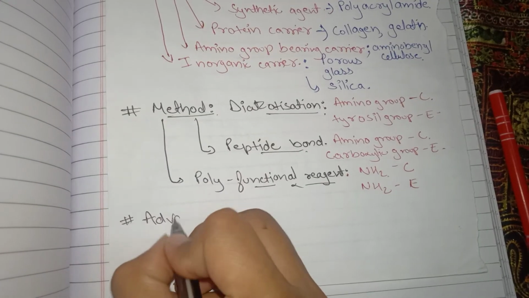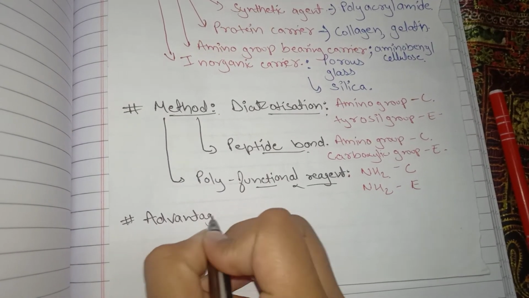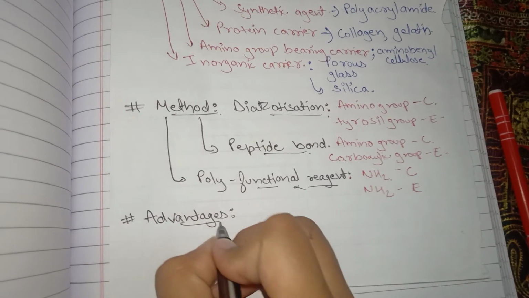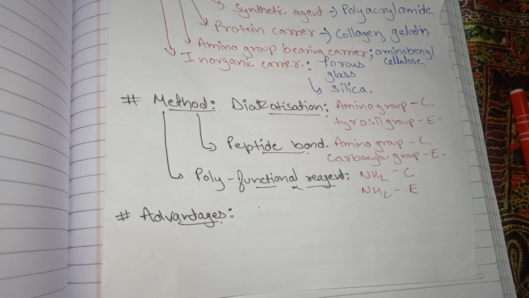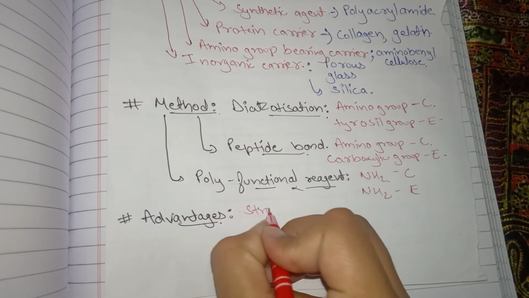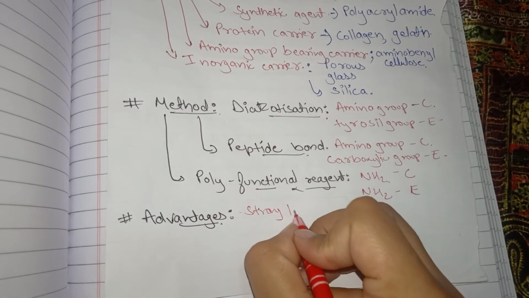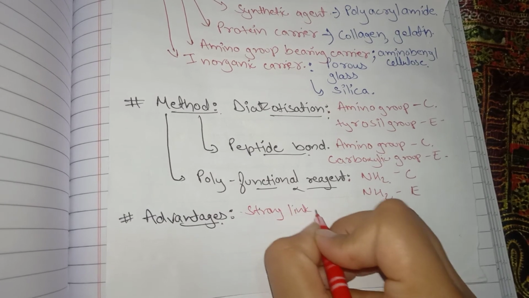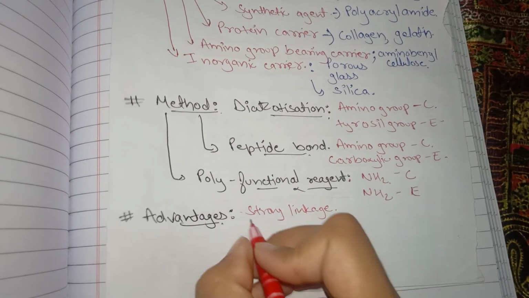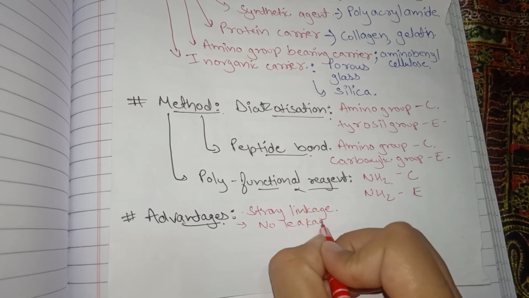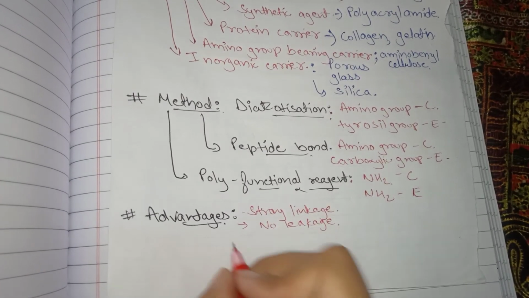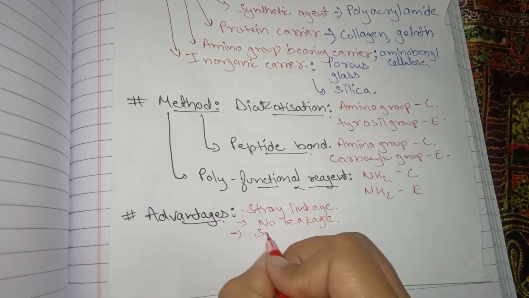Now, advantages of covalent bonding are: there is strong linkage between carrier and enzyme, there is no leakage, and it is a comparatively simple process.